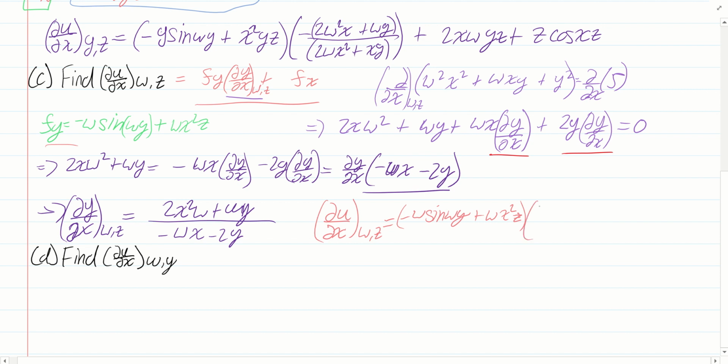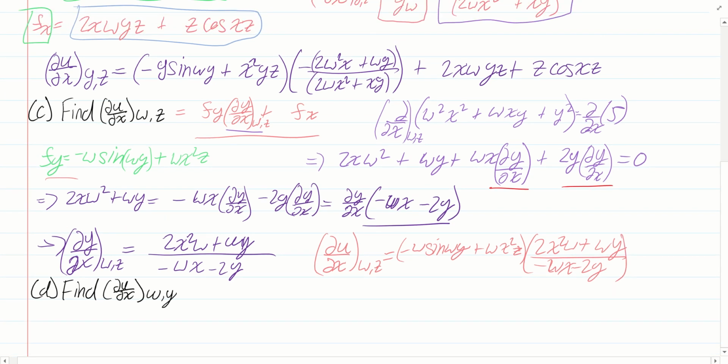So that's going to be 2x squared w plus wy over negative wx minus 2y. And then plus fx, which is again back up here. I'm just going to write it right here. Plus 2x wyz plus z cosine xz. So then this is that.